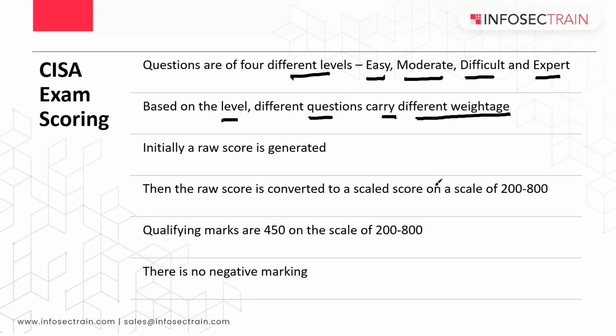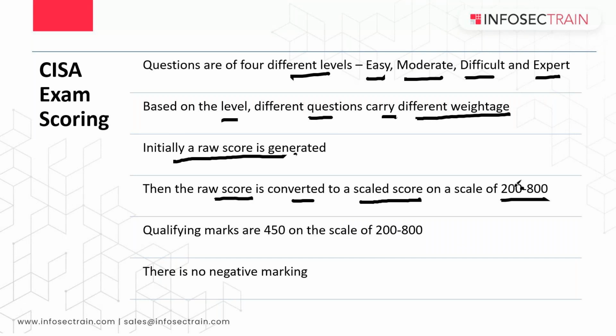And because of this reason, the moment we answer all the questions, a raw score is generated, which we do not get to know. But a raw score gets generated, and with the use of an algorithm, this raw score will be converted to a scaled score. And that scale is 200 to 800.